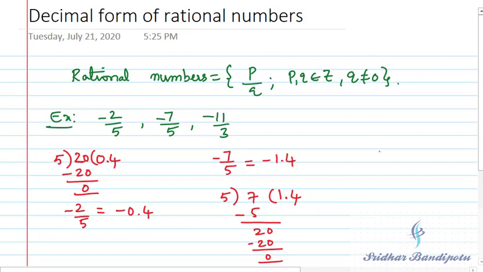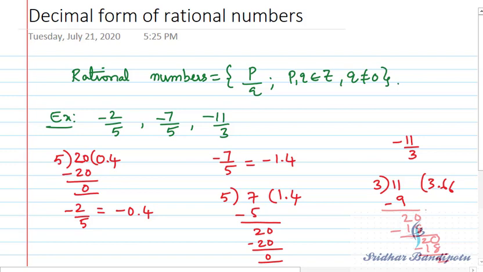Now, let us see the third example, minus 11 by 3. Let us perform division here. 3 is the divisor, 11 is the dividend, 3 times 3 is 9, 2 you will get, the decimal point you can take here. So, 20, 3 6 times is 18, again 2 you will get. Decimal is there, so you can write 0, 3 6 times is 18.